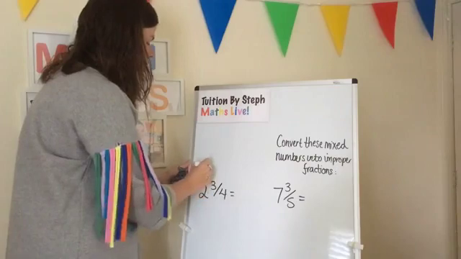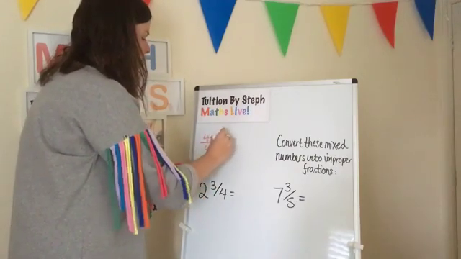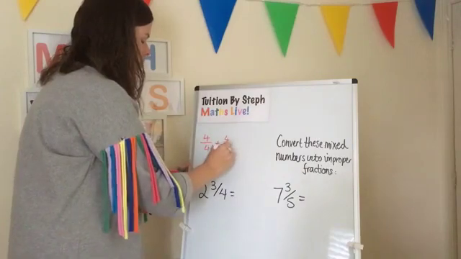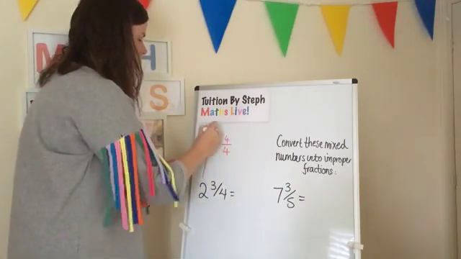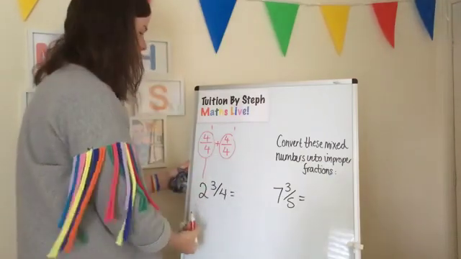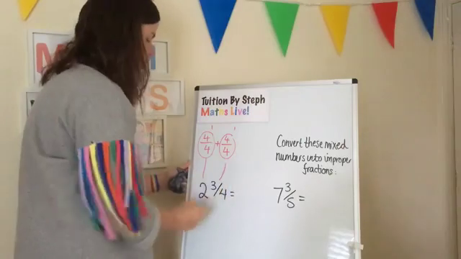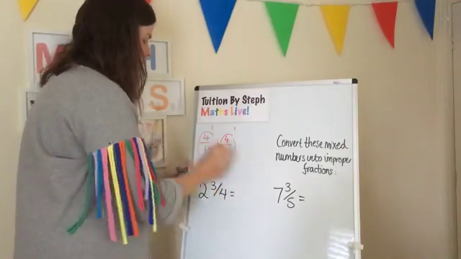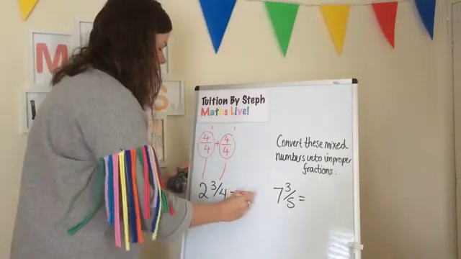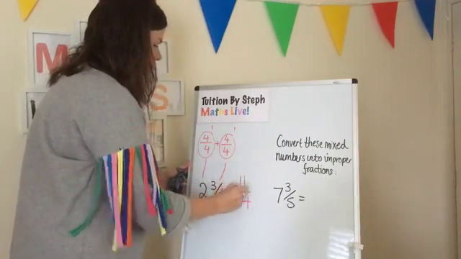So this 2 actually means 4 over 4 and 4 over 4, because this is 1 whole and this is another 1 whole. And 1 whole plus 1 whole is 2. So we've got 4 over 4 and 4 over 4, and then we've also got the 3 over 4. So over 4, that is 4, 8, 9, 10, 11.